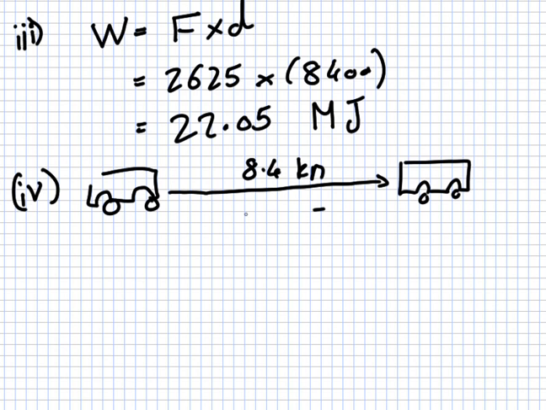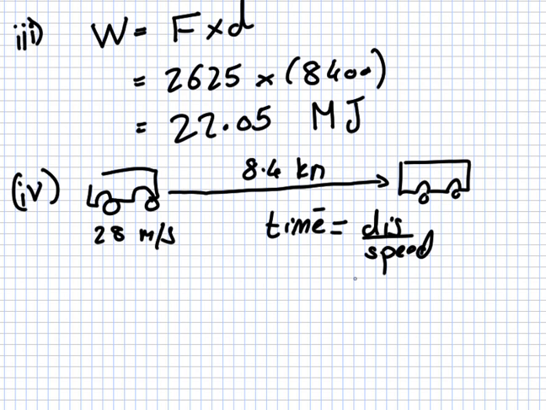We had it there a moment ago, 22.05 megajoules. And we know the speed is 28 metres per second, but what we don't know is the time. But we can get the time as a distance over speed. So here the time is 8400 divided by 28. So that is 300 seconds.